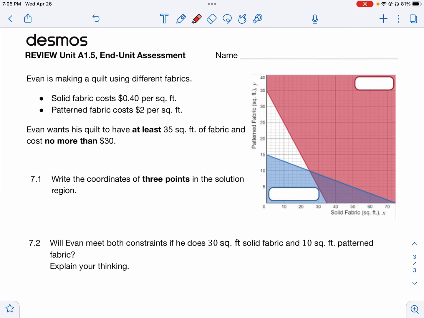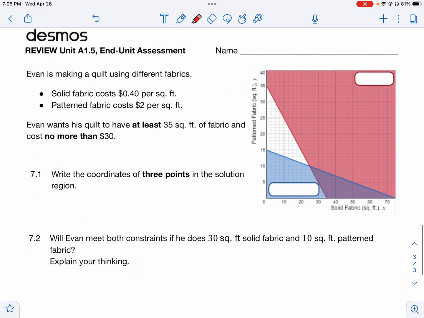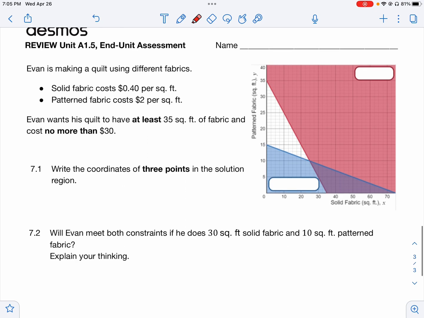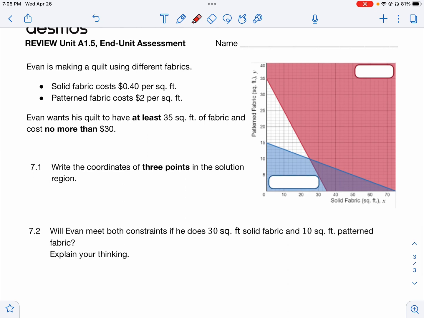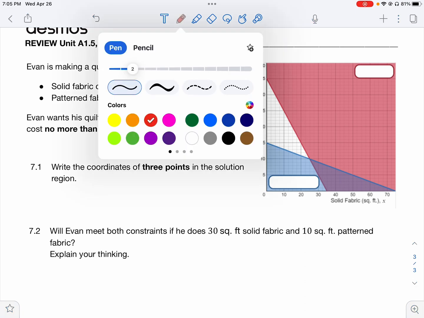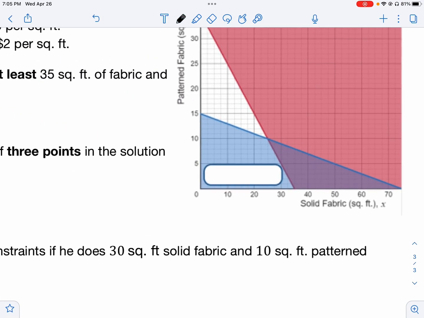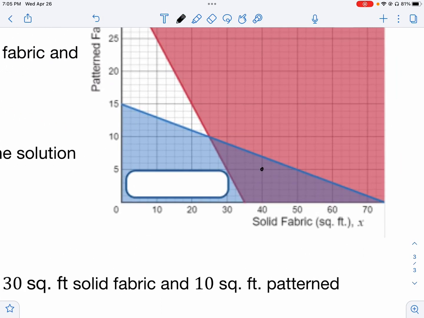Okay, Evan is making a quilt using different fabrics. Solid fabric costs 40 cents per square foot. Patterned fabric costs $2 per square foot. Evan wants to build his quilt to have at least 35 square feet of fabric, but no more than $30. Write coordinates of 3 points that are in the solution region. If we go into the graph, here's a point.